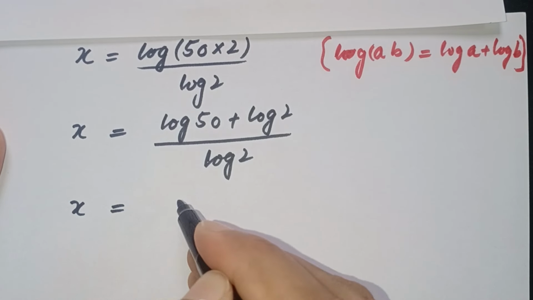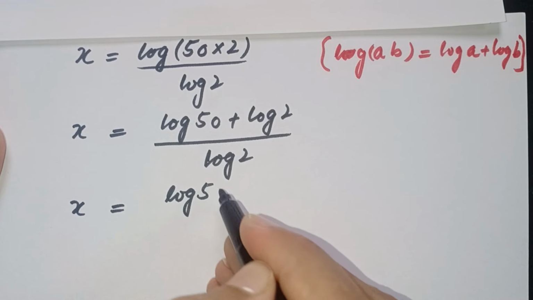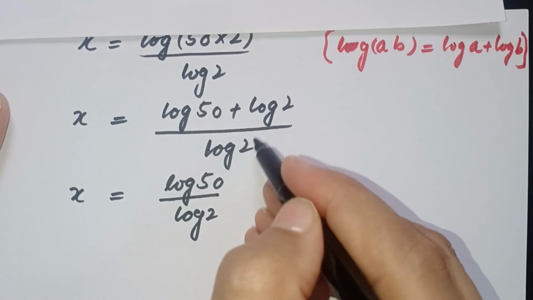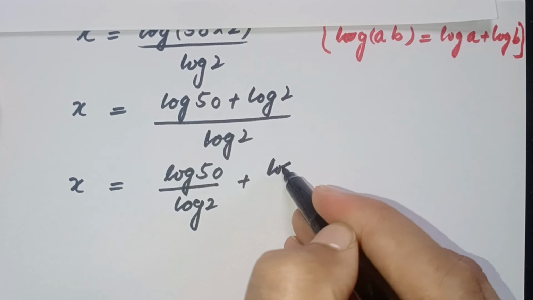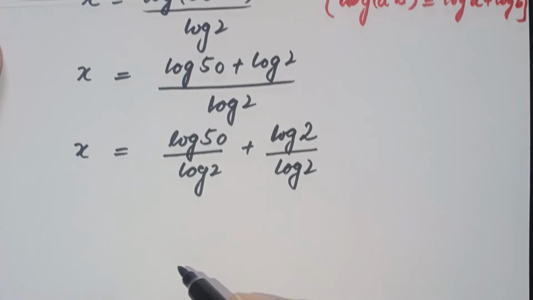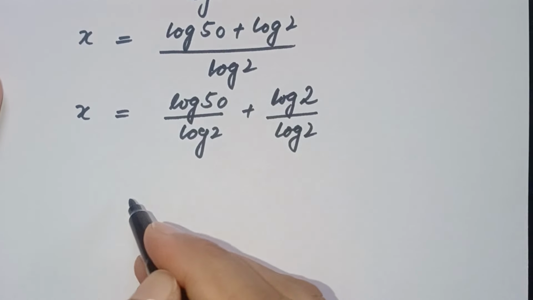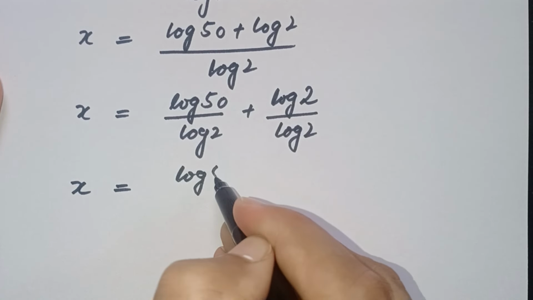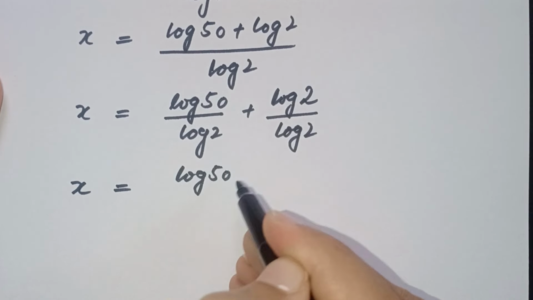So here we have x is equal to log 50. We will divide both expressions by log 2, this and this, log 2 over log 2. In the next step, we will get x is equal to log 50 over log 2 plus 1, where log 2 goes with log 2 and we get 1.